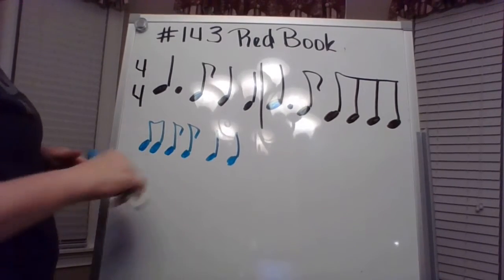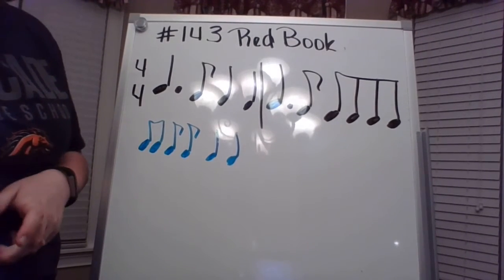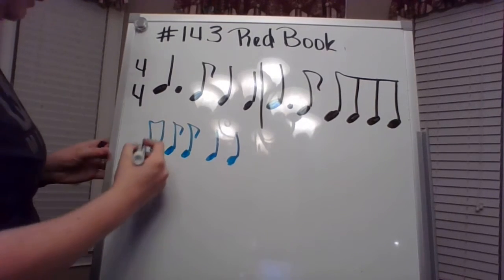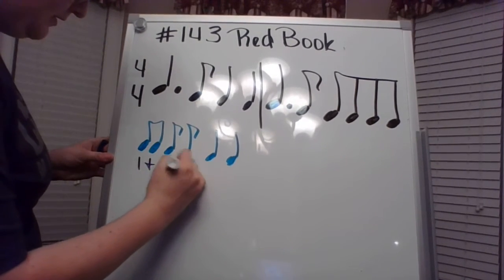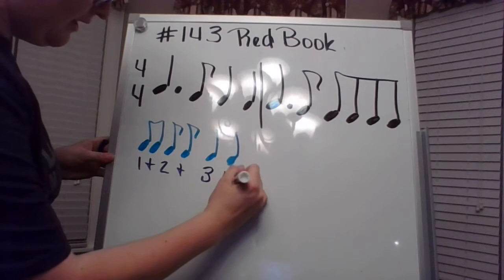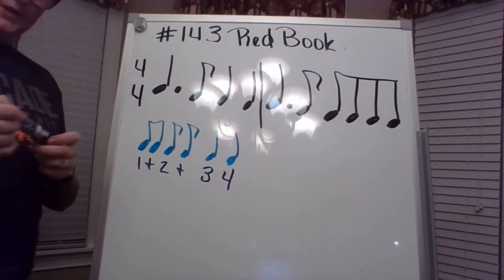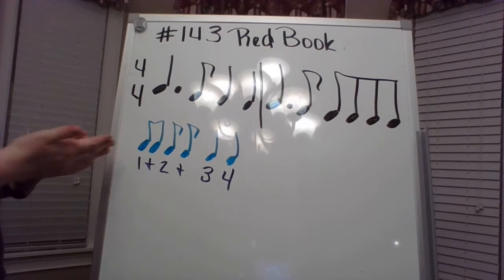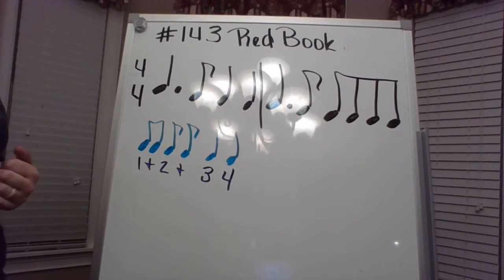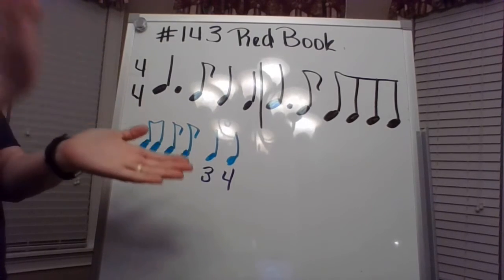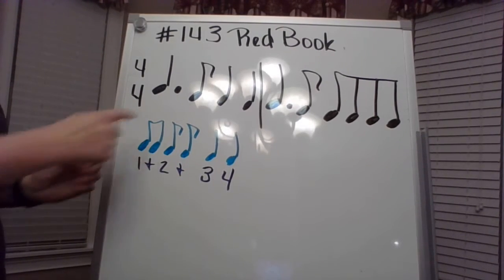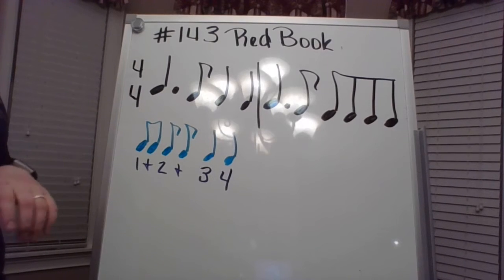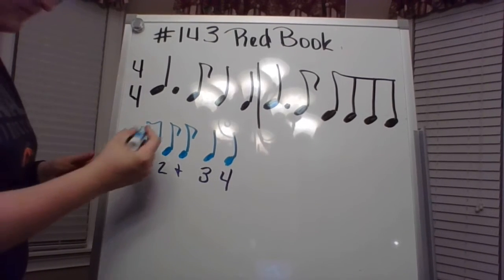If we're going to count this, which we are, we would count this 1 and 2 and 3, 4, right? Because eighth notes have to have a number and an "and", and if the eighth note happens first, it is the number first. So the way we get this, 1 and 2 and 3, 4, is through ties, right?